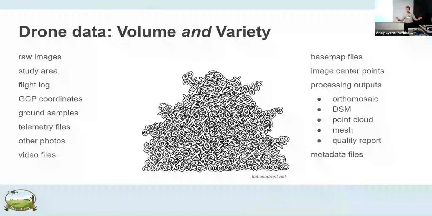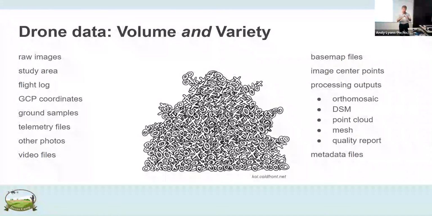And it's not just the volume of data, the amount of files you need to deal with. It's also the breadth and the diversity of the data that you're going to be working with. The images and those products from the stitching are definitely the big boys. But you probably have some flight logs, some GIS files.